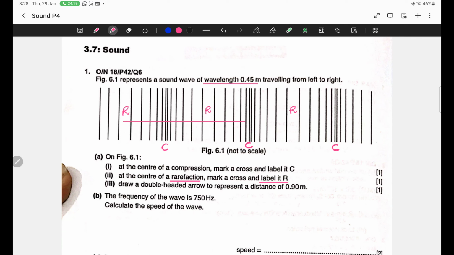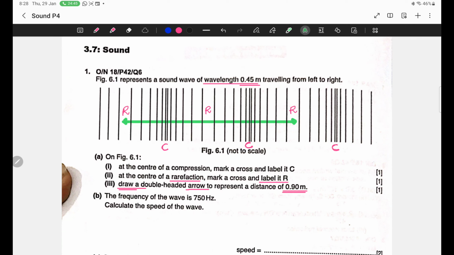But the question is, draw an arrow to represent 0.90 meter. Sir, the wavelength is 0.45 meter and we have to draw an arrow of length 0.90 meter. So this arrow which I have drawn, now I am converting it into green color.